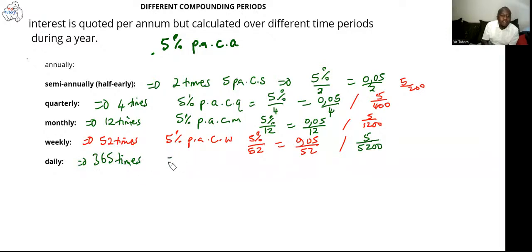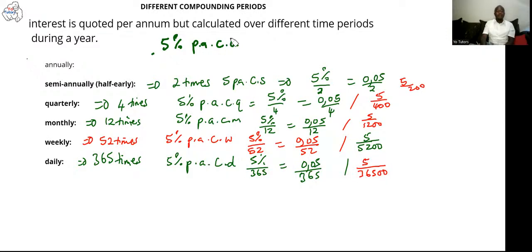So if it's 5% per annum compounded daily, it means 5% over 365, which is 0.05 over 365, or 5 over 36500.